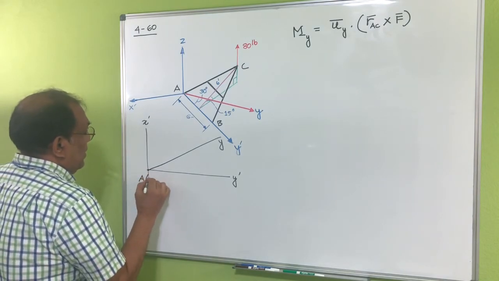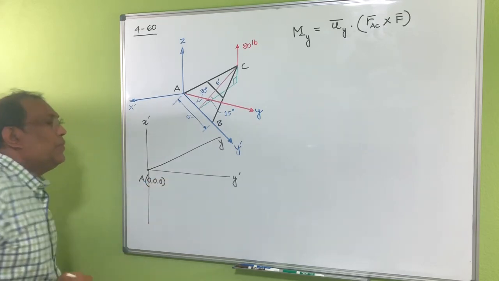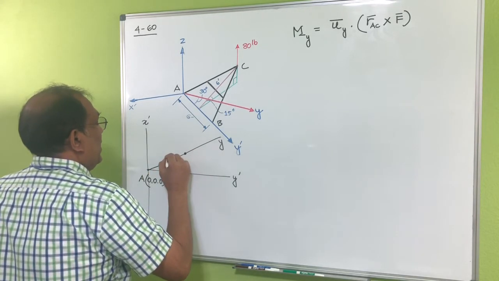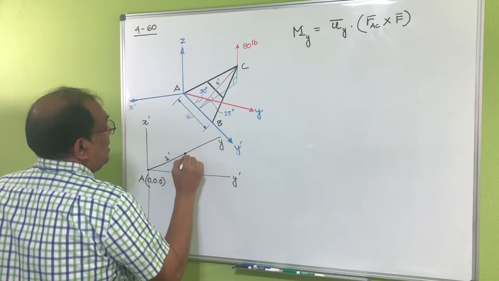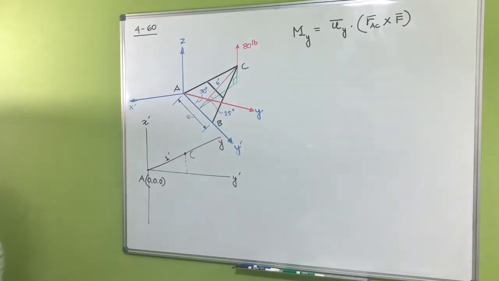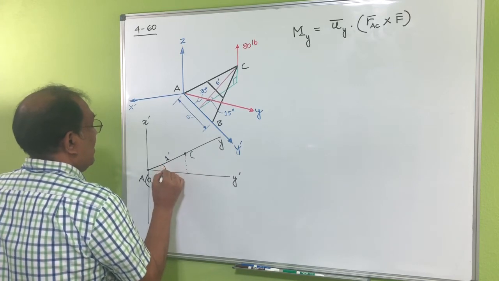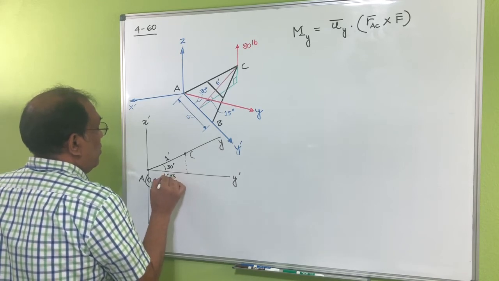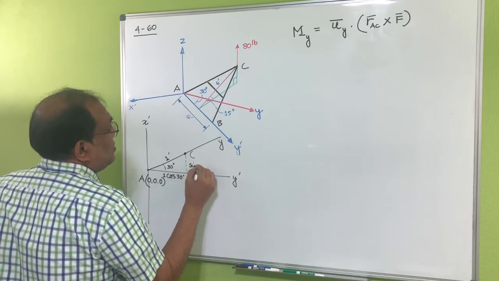and the location of that point A is at the origin, so 0, 0, 0. Now if I take any point which is unit length from here, let's say 1 foot here, then you can see the coordinate of that point is basically, this is 30 degrees, so this is cosine 30, and this is sine 30.